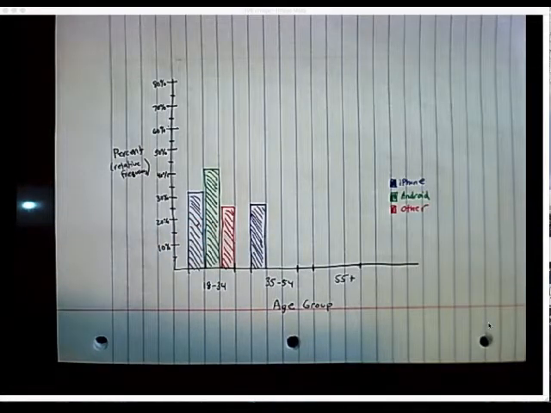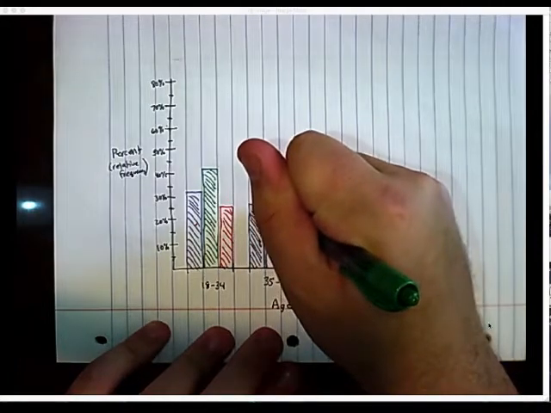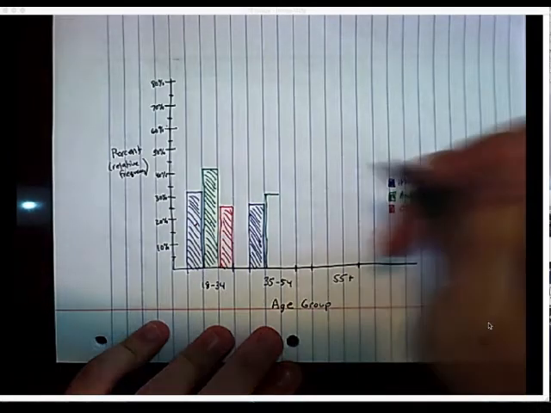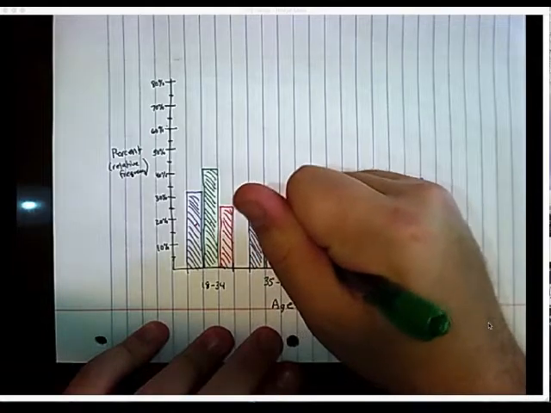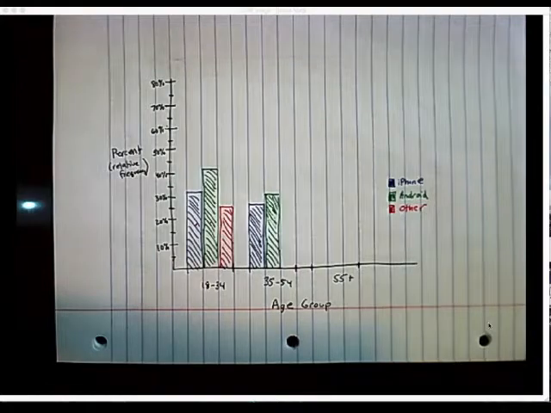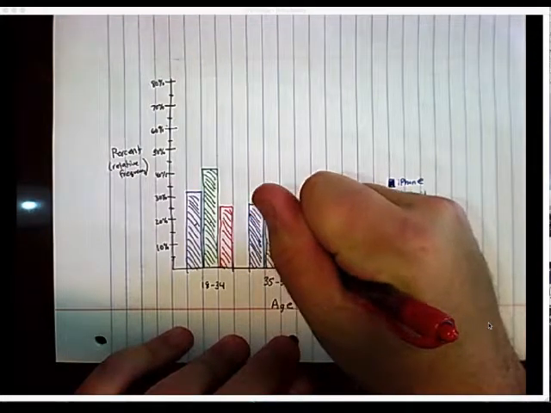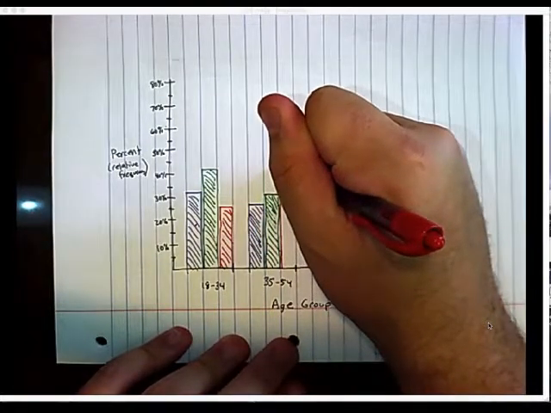Of Android, 29.67 is just a shade under 30. I think I drew it a little too high, but that's okay. The green bar starts to get a little smaller, and other is 43.5. To make this one go up to 43.5, maybe that's about right there.